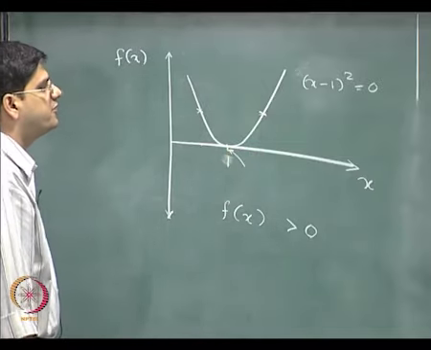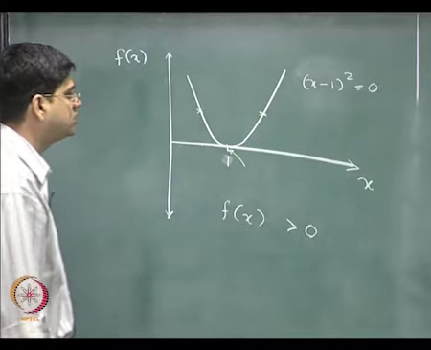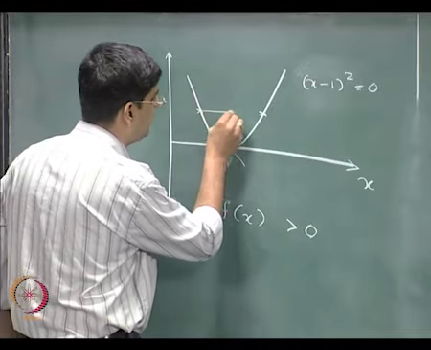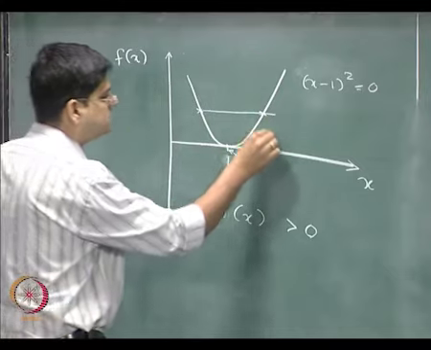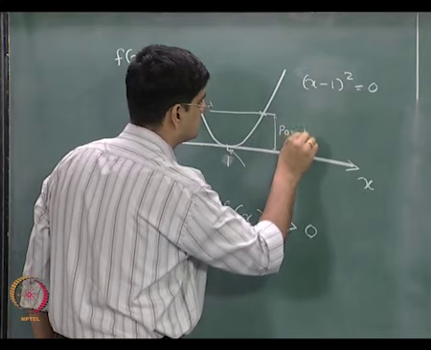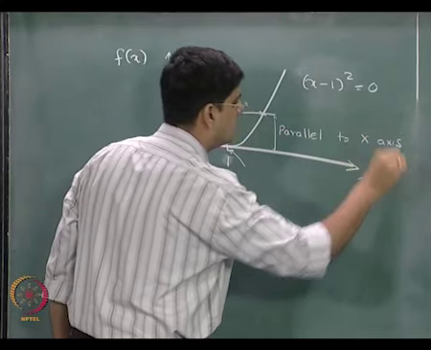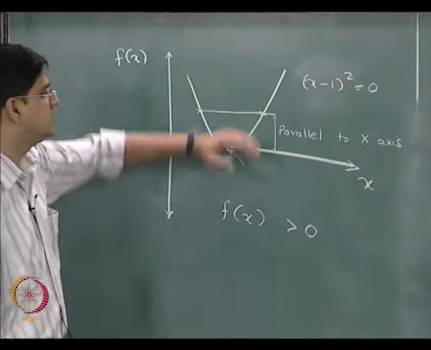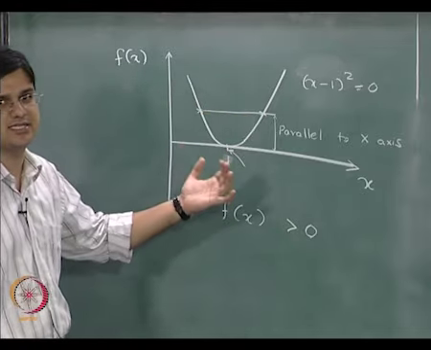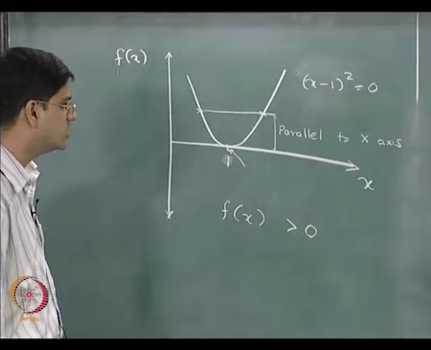There is one problem, however, for this kind of a curve for the secant method: if the line joining f of xl and f of xr happens to be parallel to the x axis, then there is no point at which this particular line is going to intersect the x axis, and our secant method is not going to work.